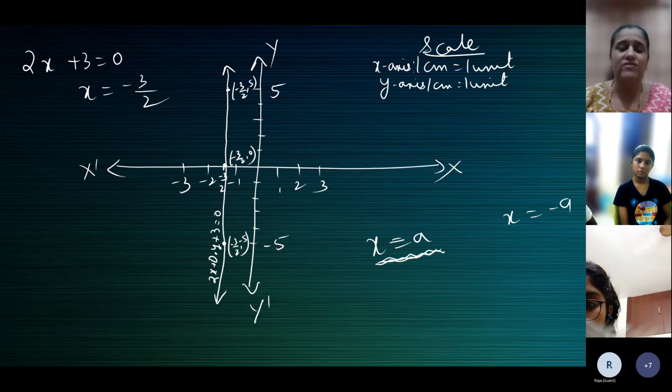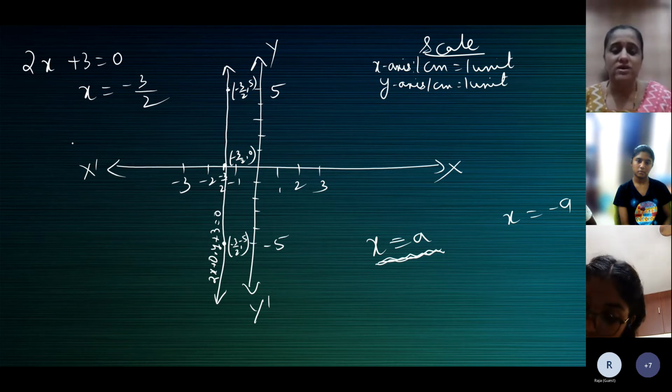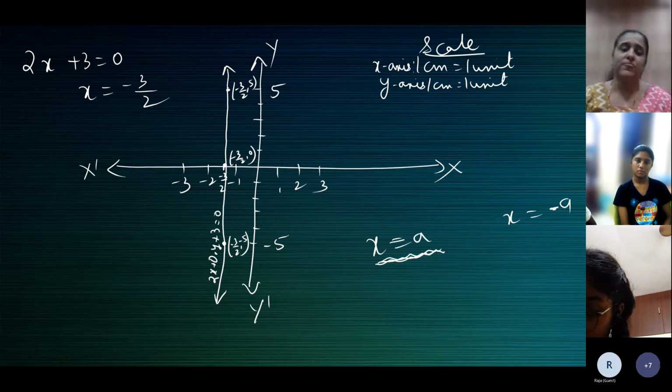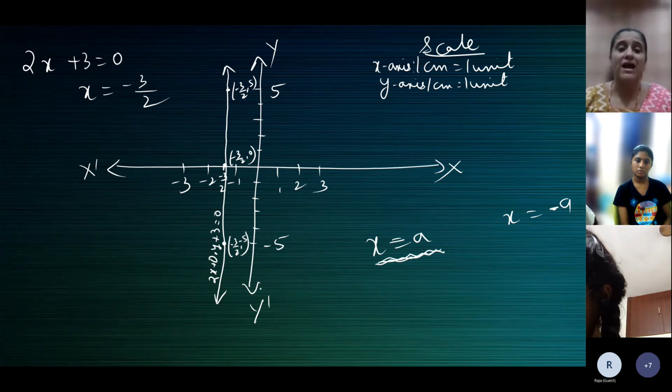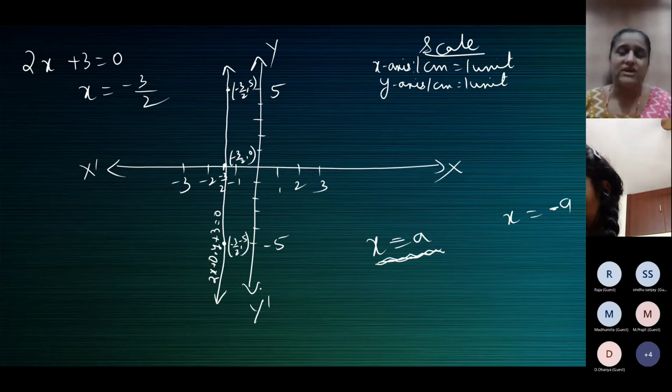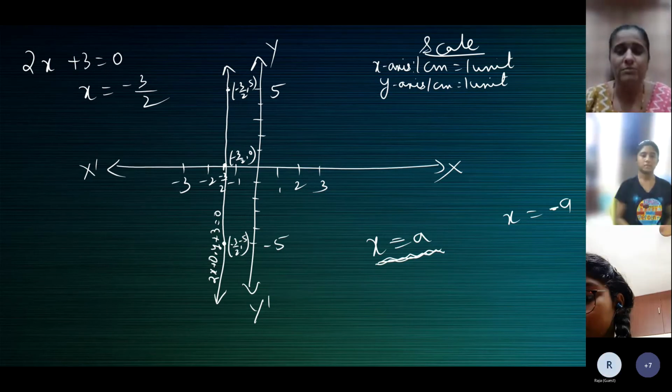You can see the graph right in front of you. This is when x is equal to a, and this is minus 3 by 2, so let's say x is equal to minus a. Whether it is x is equal to a positive value or a negative value, the graph line will be parallel to the y-axis. Remember, x is equal to some number.